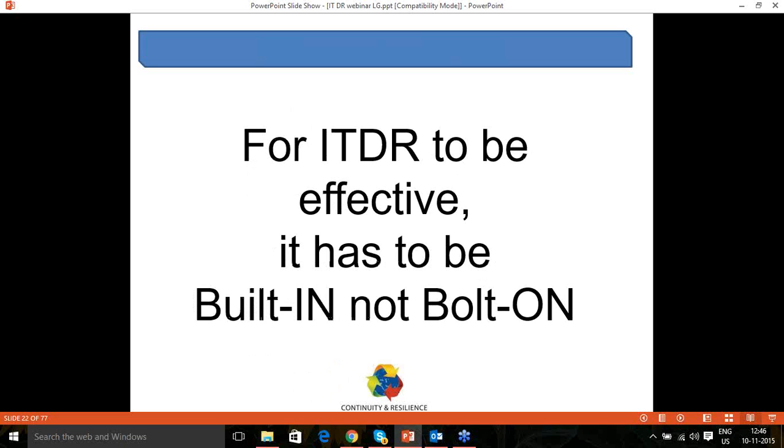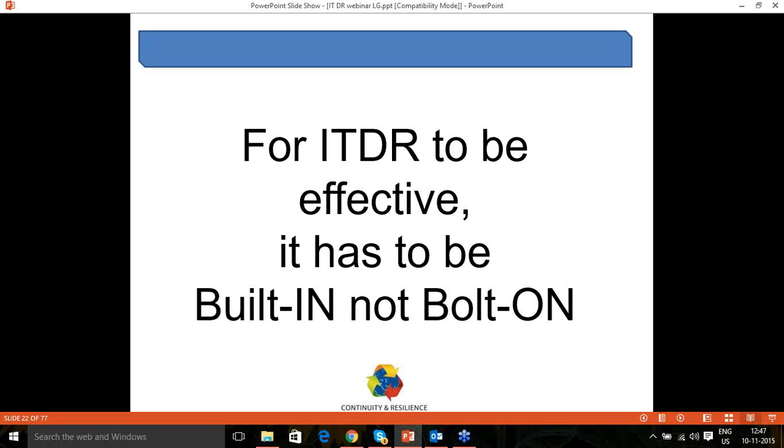Now, that is the one-liner I was talking about in the beginning. For ITDR to be effective, it has to be built in, not bolted on. What does that mean? That means ITDR must be part of the design of your business. Once you establish your business and then go and think about ITDR, that will be bolted on. It may work, it may not work.